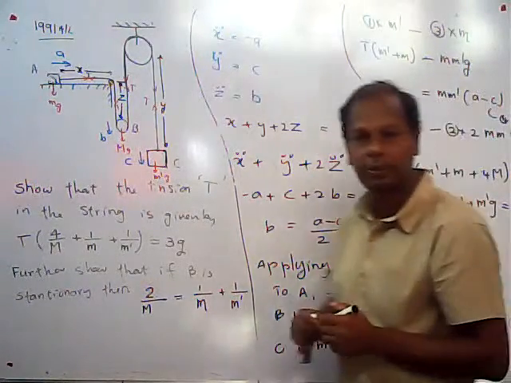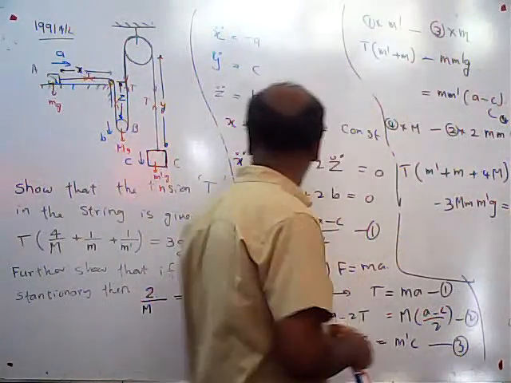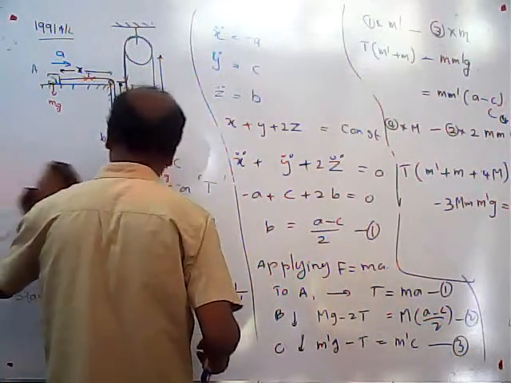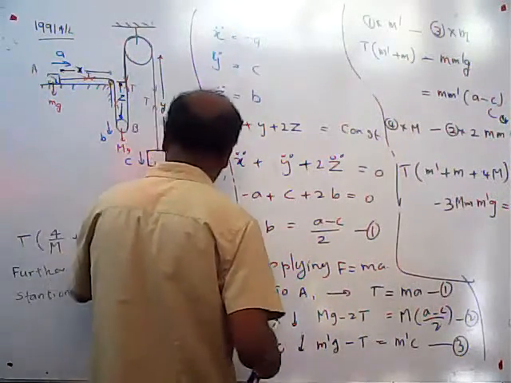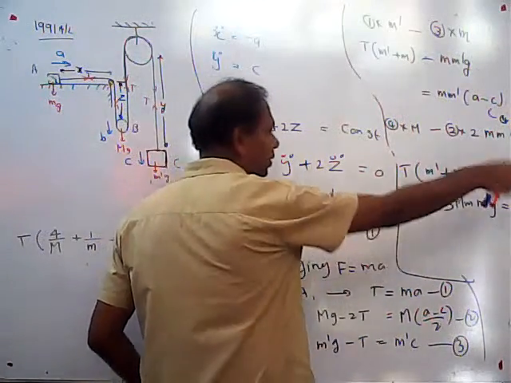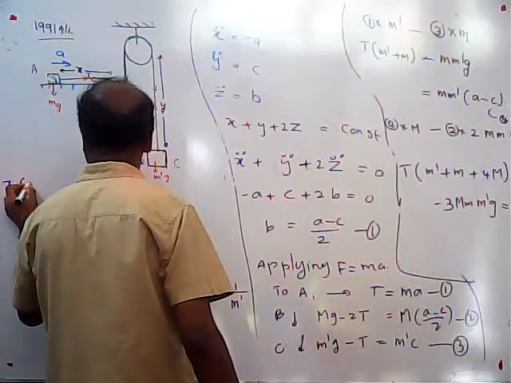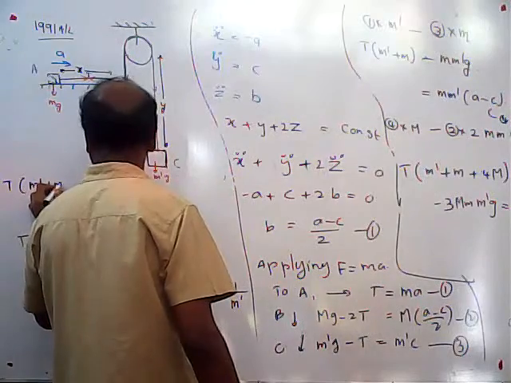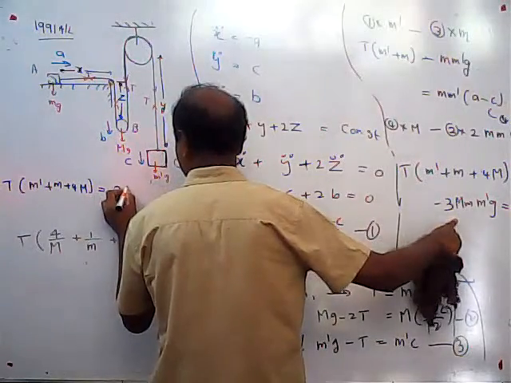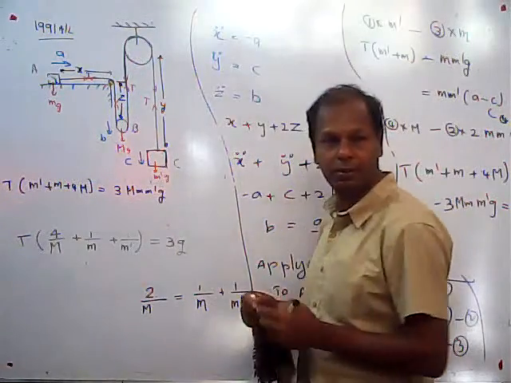Okay, the other side will disappear and you can take this to the other side. Shall I write them here? I take this to the other side. So t times m dash plus m plus 4m equals 3 m dash g, right?